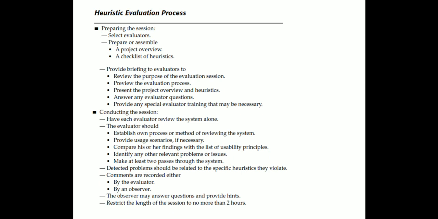So then, moving on to the heuristic evaluation process. In the heuristic evaluation process, we try to select 3 to 5 evaluators as previously mentioned, and ideally the evaluators should be familiar with the project situation and possess a long-term relationship with the developing organization.